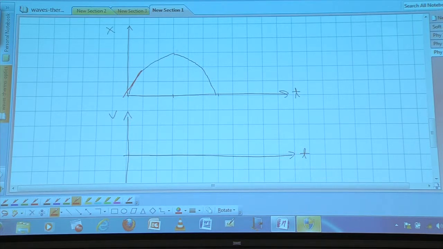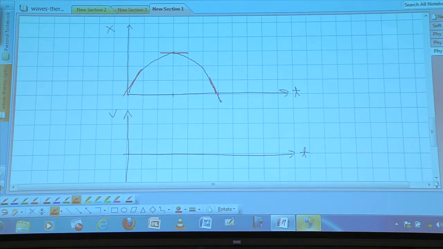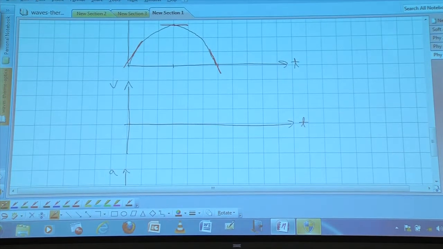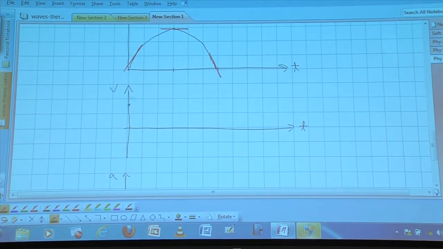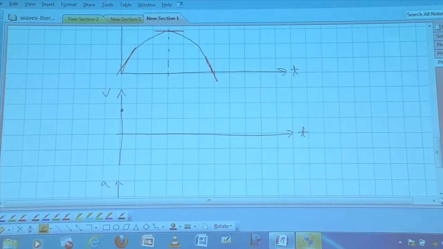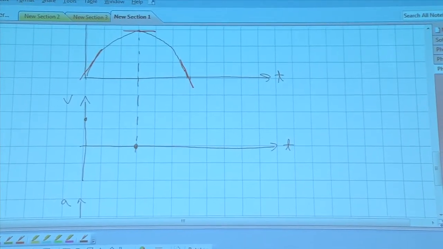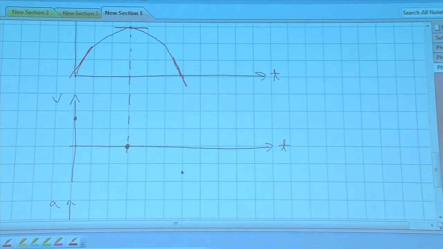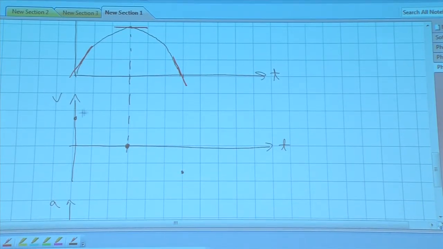When it gets to its peak, the slope is 0, and over here, it's a big negative number, right? Okay, so it starts out big positive number. At the peak here, it has to be 0, and it ends up over there. So it's going to look something like this.